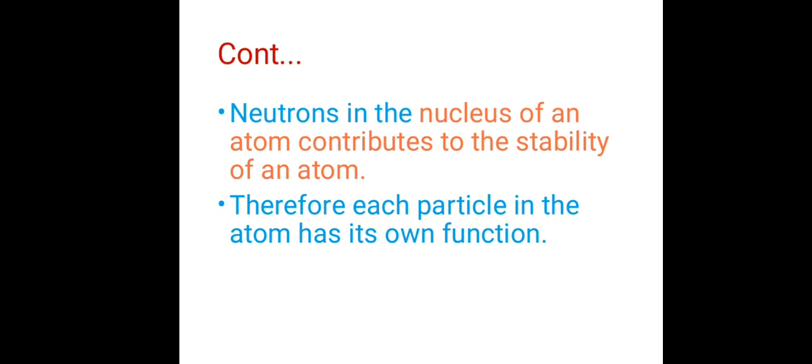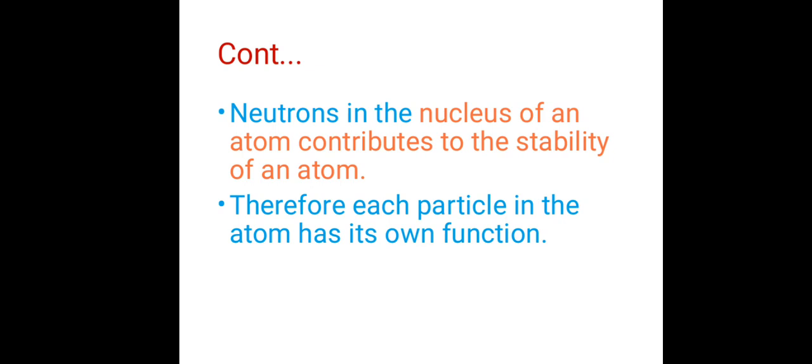Lastly, we have the neutrons. The neutrons in the nucleus also have their function, whereby we say it contributes to the stability of an atom. Remember, for the atom to exist it must be stable. So these neutrons contribute to its stability.